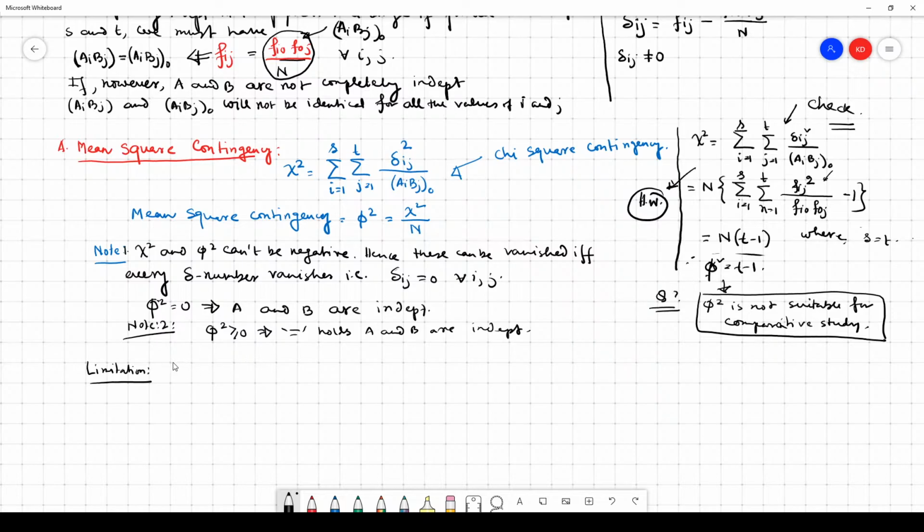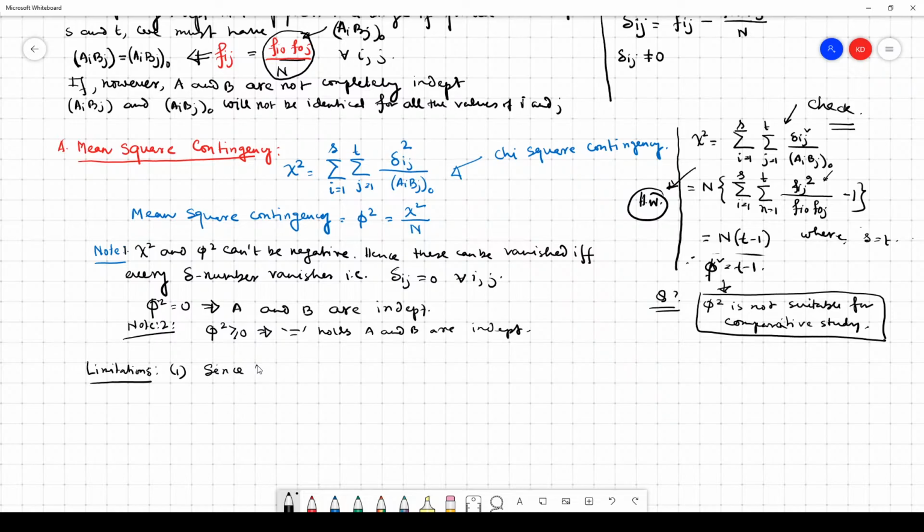Okay, and the limitations are, since phi square can take any non-negative value, the limits of phi square vary in different situations. Hence, phi square is not suitable as a coefficient of association.